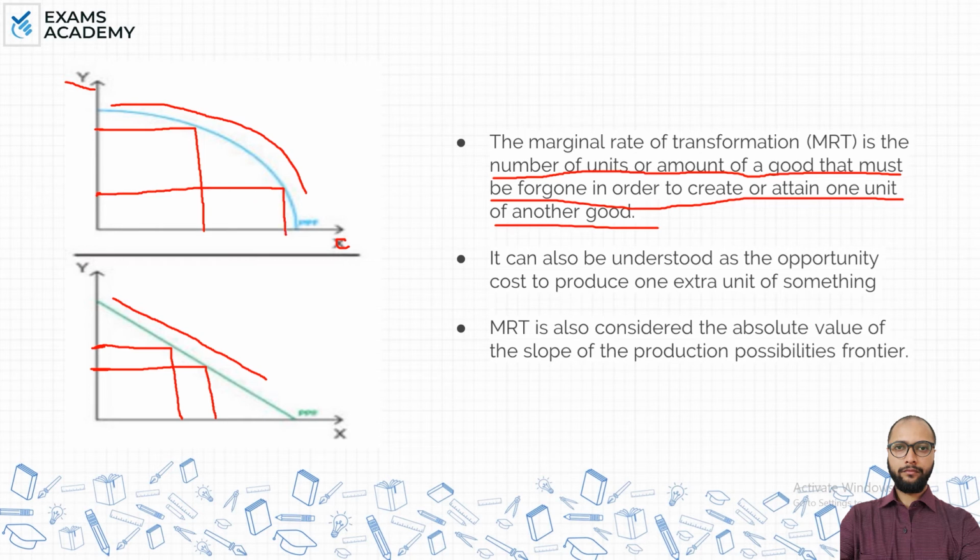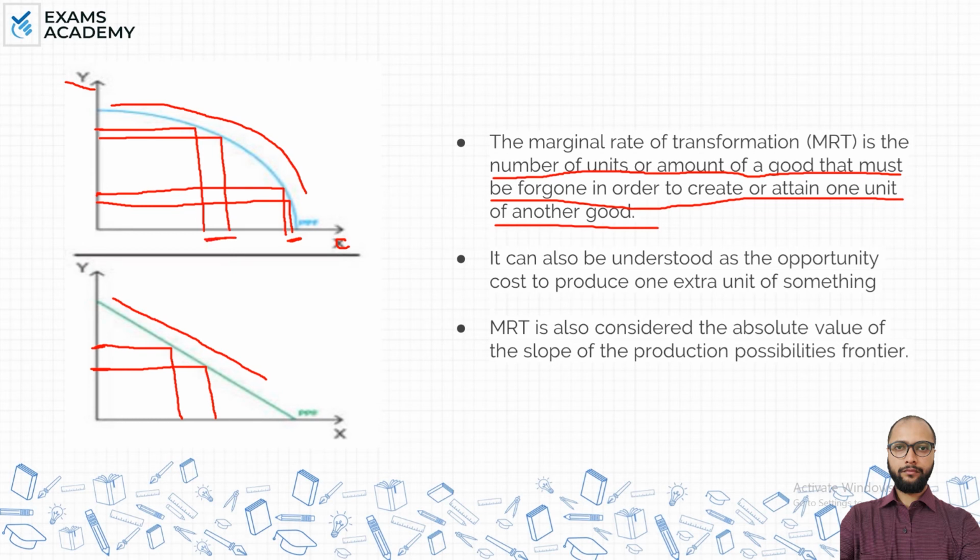So at this point, if you reduce the production of Y by a little, you cannot increase the production of X by quite a lot. But here at this point, if you reduce the production of Y by just a little bit, you can see that there is a lot of increase in the production of X. So this increase in X is only this much, while here the increase in X is quite a lot.